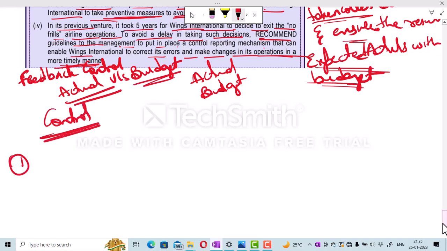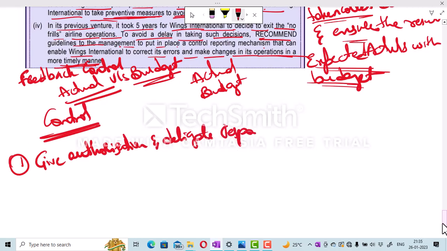First one, we should give proper authorization and delegate the responsibility. Every task should be delegated to one person or another so that he will be responsible for anything that happens there. Then if anything goes wrong, it will come to the view of management in a quick manner.